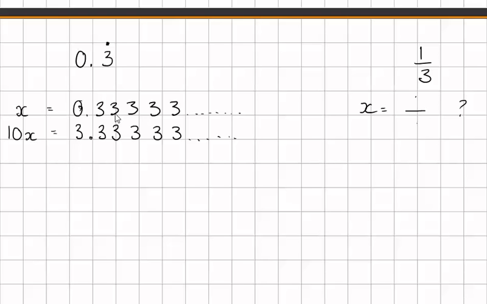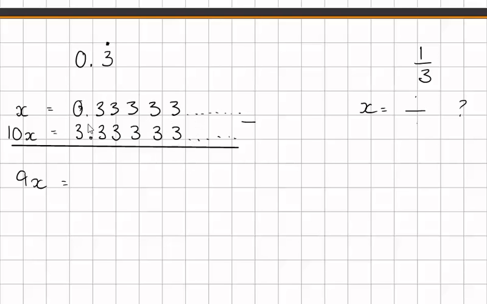If I subtract the 1x from the 10 x's, how many x's do I end up with? 9 x's. So if I do a subtraction there, I'm left with 9 x's, and here's the clever bit.